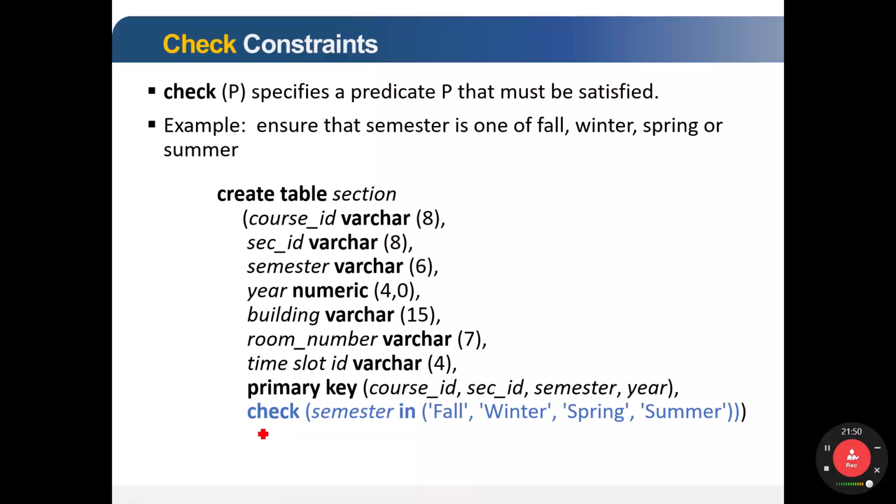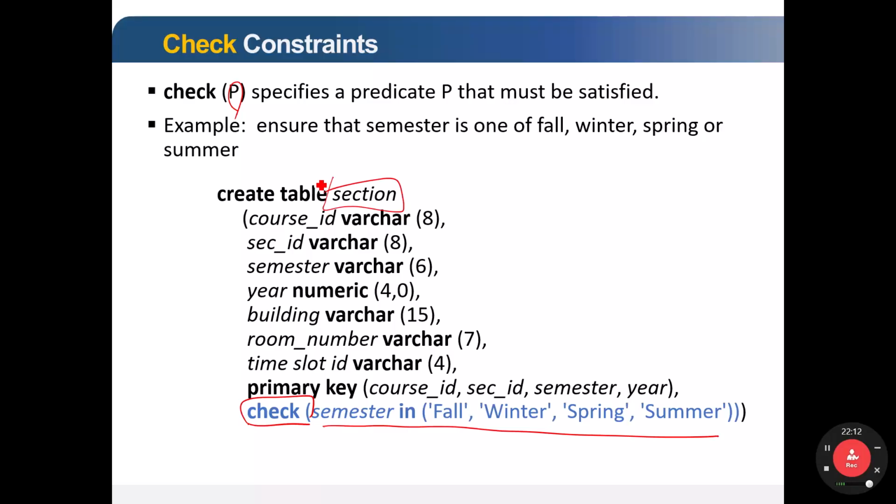And the last constraint that we need to learn from this lecture is the check constraint. The check constraint allows us to specify any condition, as long as the expression returns true or false. So let's look at this example.